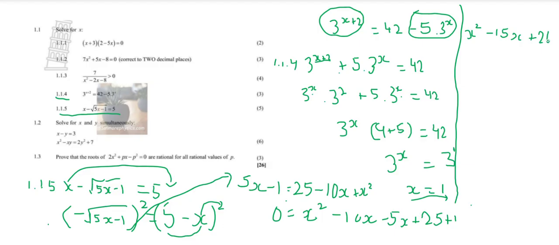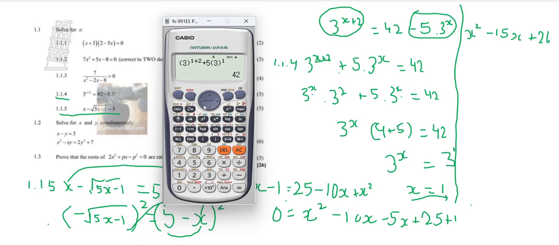Now once you have it in the standard form, your calculator is your best friend. Now we open up our calculator, first mode, because it's very important that you make use of it. Mode EQN, which is 5, and then we look for x squared, which is 3.